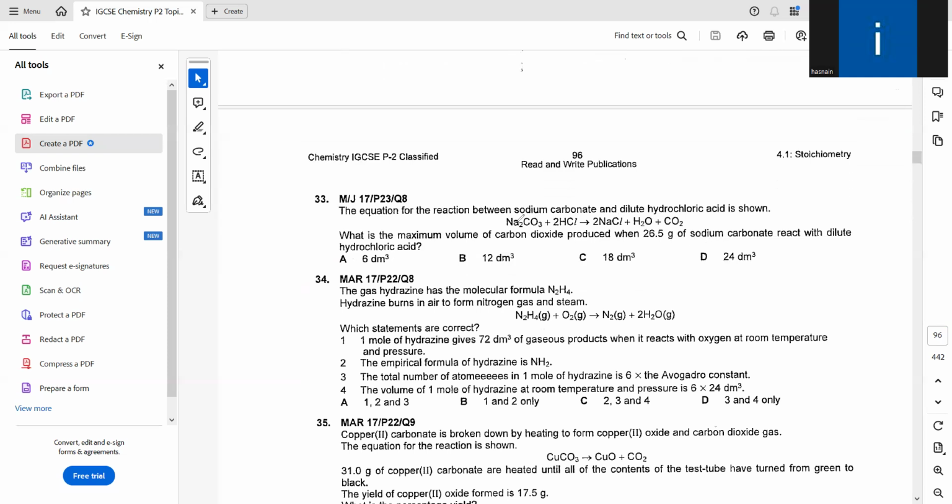Let's try this question. Sodium carbonate is Na2CO3.